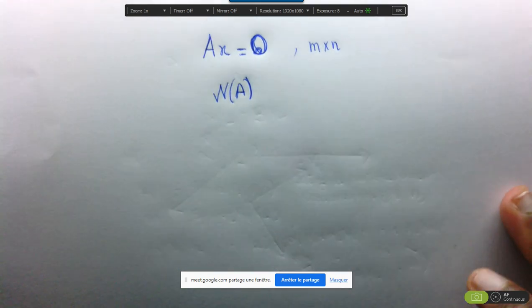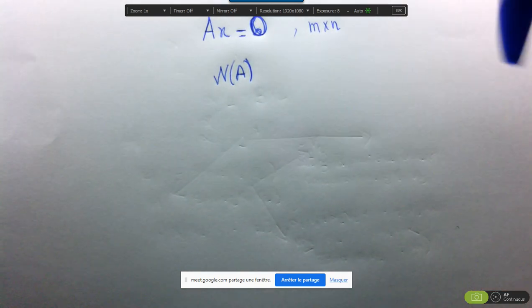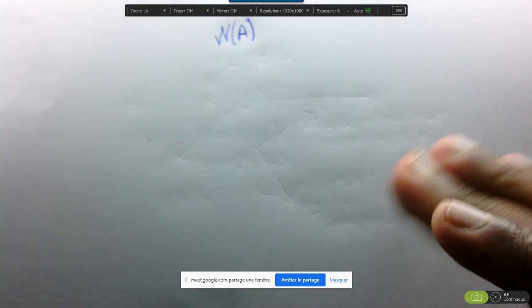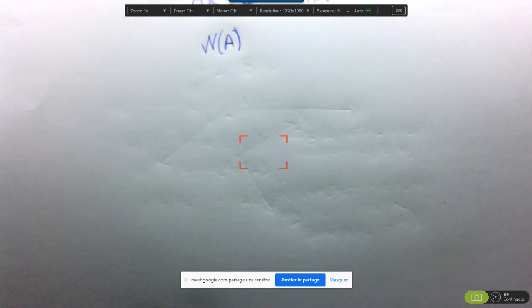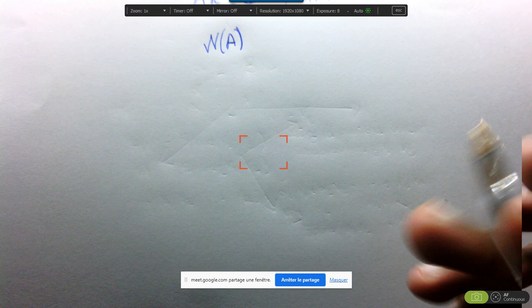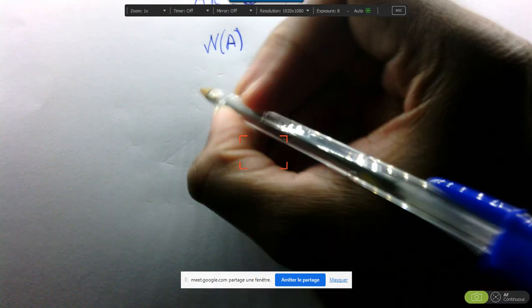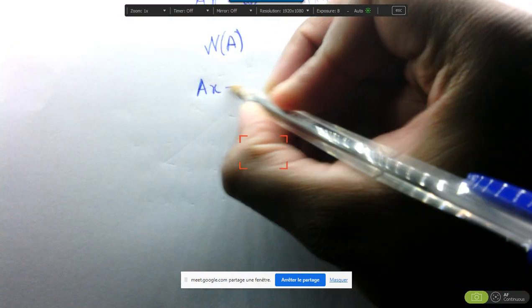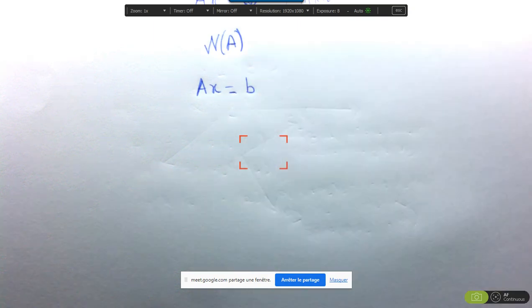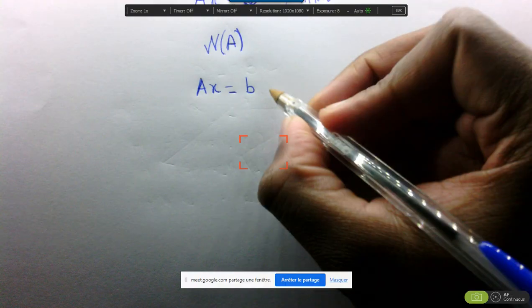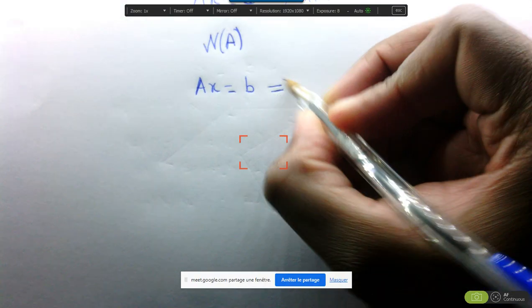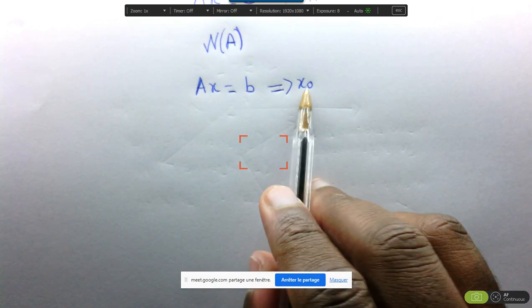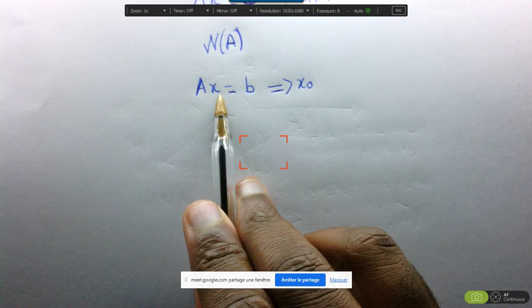And we've seen that there is a relationship between the solution set of a system and the null space of that system. Suppose that I have Ax equals b, and that Ax equals b gives me a solution x0, meaning that if I plug x0 inside of this system, I find b.